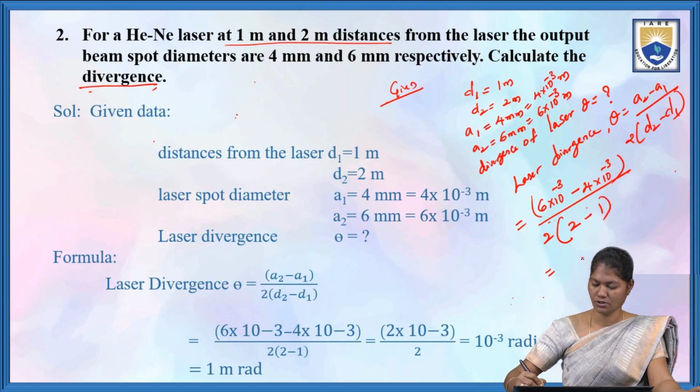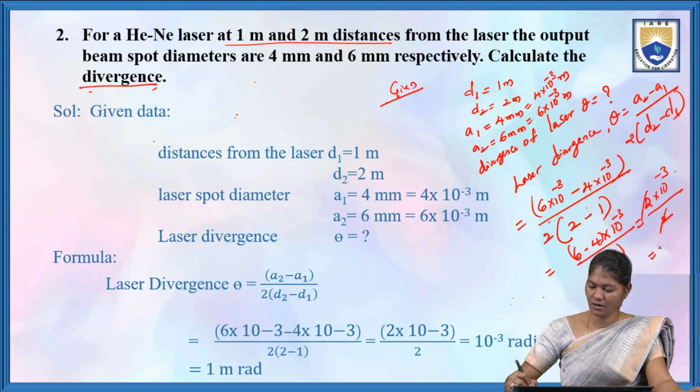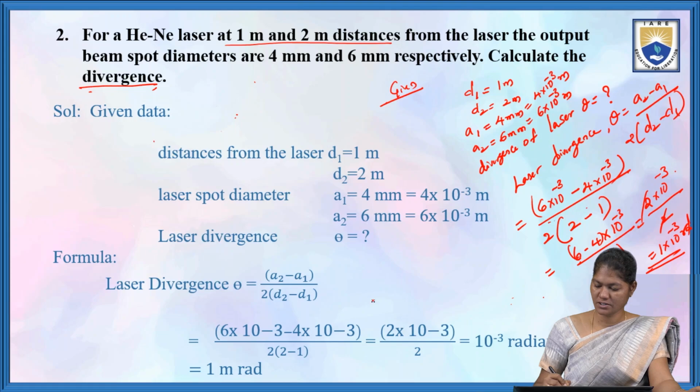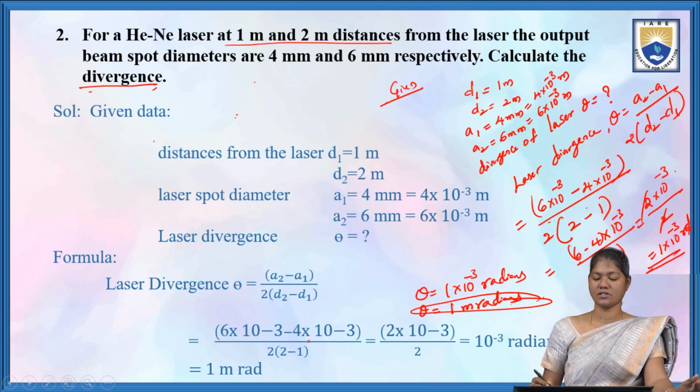So it is 6 minus 4 into 10 power minus 3 divided by 2 into 1, so 2 into 10 power minus 3 by 2, which is 1 into 10 power minus 3 radians. So the laser divergence theta is 1 into 10 power minus 3 radians, or theta is 1 milliradian. This is the laser divergence of the given problem.